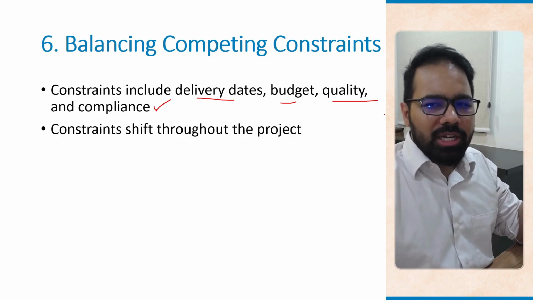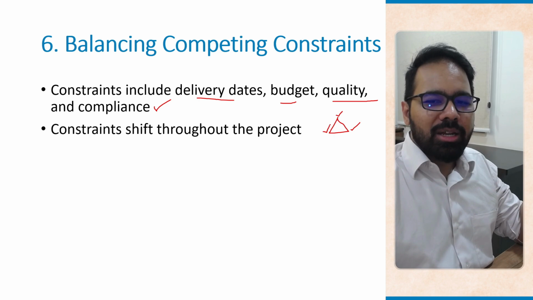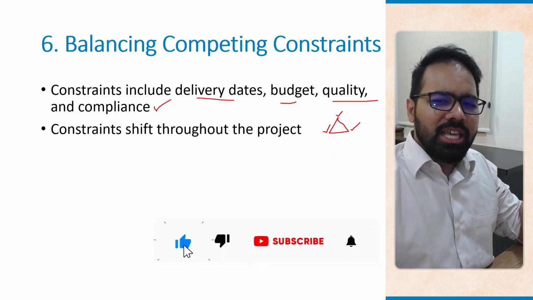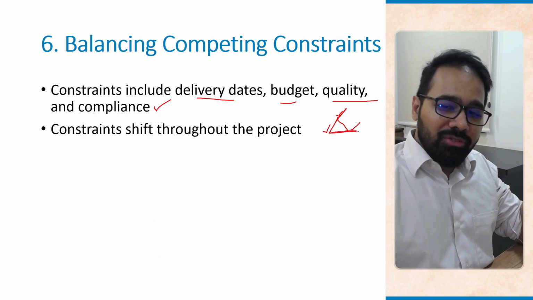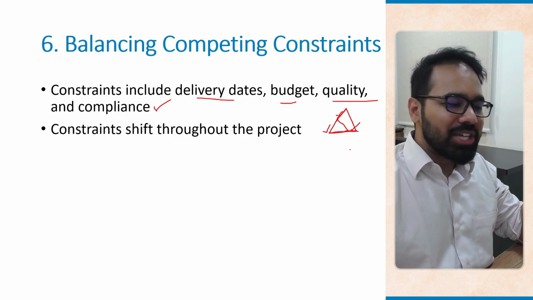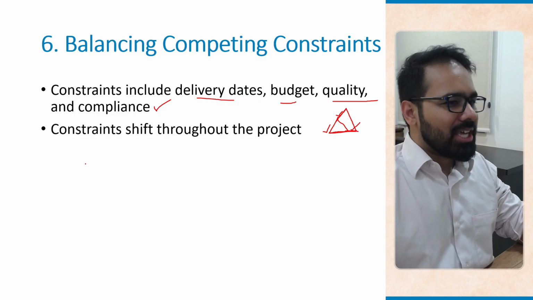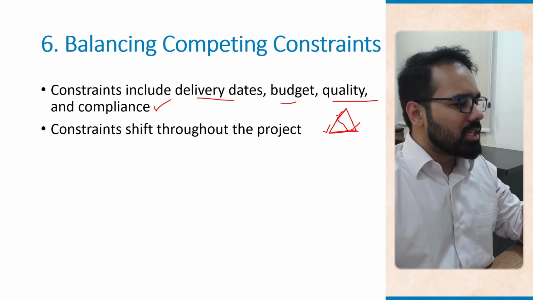That is why this is called the iron triangle of project management, where you have scope, cost, and time. And what happens is, if there's an increase in, let's say, scope, then it is possible that one other or even both of the other sides of the triangle increase, right? So that is why these are called constraints.